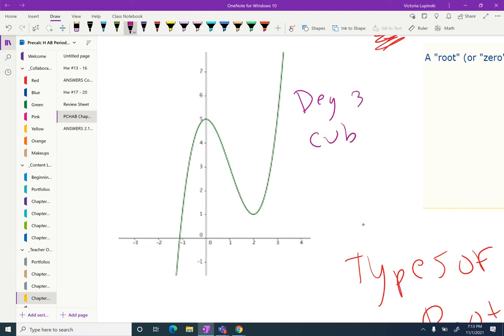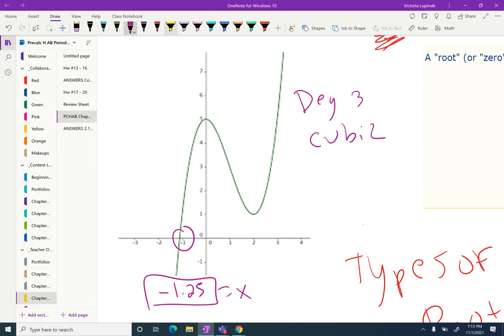Remember that a 3 is called a cubic. If you take a look carefully here, this appears to be a little bit less than -1. It would have to be a nice terminating decimal in order to be a rational number. So let's say that this was -1.25. -1.25 could come on its own.